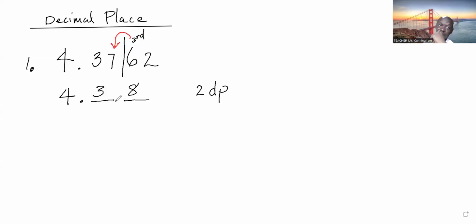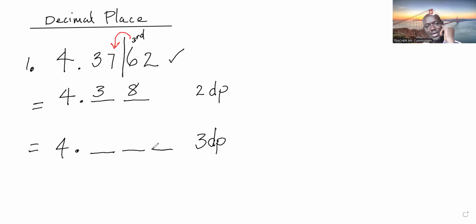Everybody understands that? So I want you all to approximate for me and put your answer in the chat to 3 decimal places. The same number at the top, but I want it now to 3 decimal places. 3 decimal places mean it's 4.123.